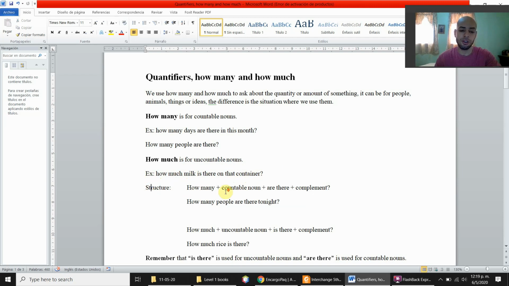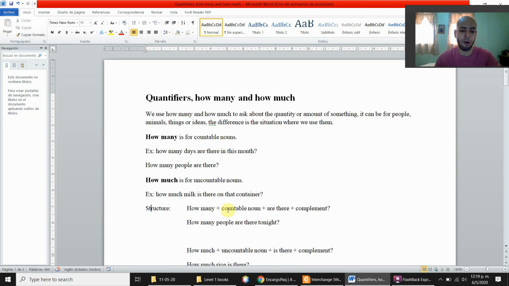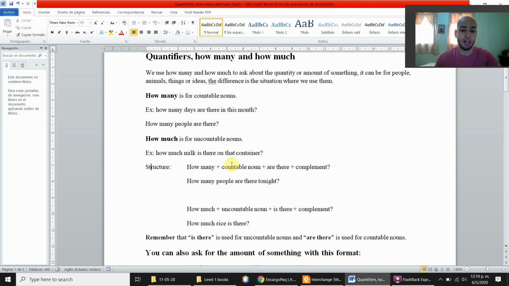So the structure is: how many plus a countable noun plus are there plus a complement. This is a general structure on how to create questions with how many and how much. There are other ways, but today we're going to focus on this structure. So, how many countable nouns are there, plus a complement.